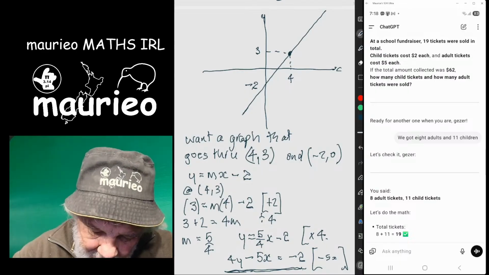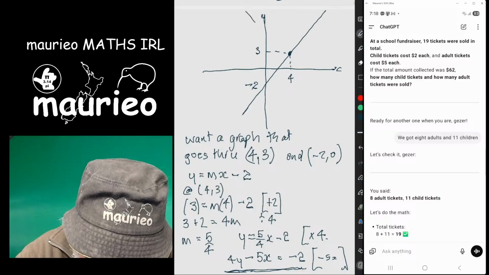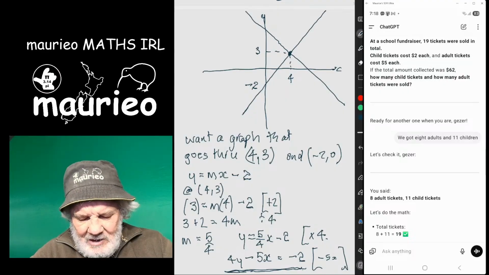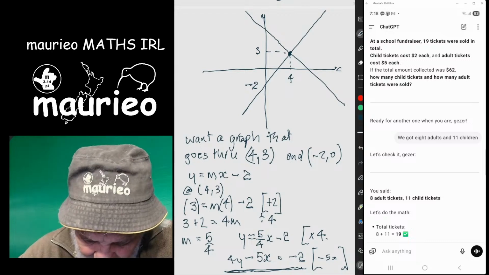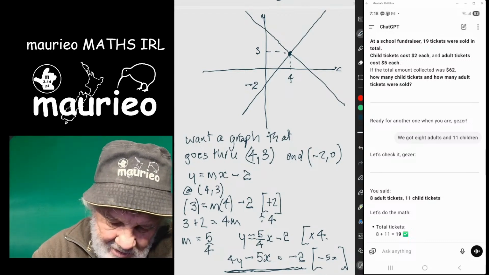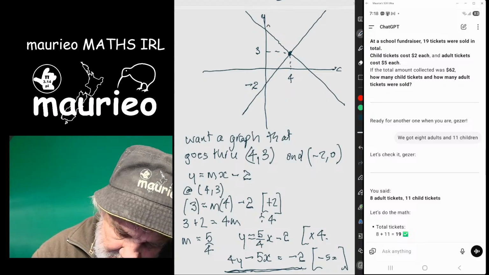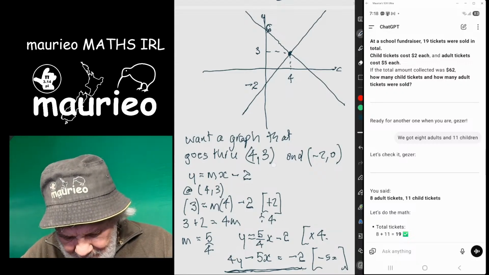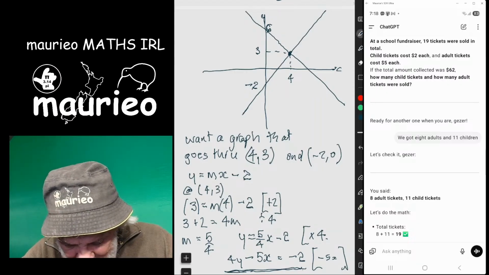Now the next one we want to do is we want another graph that goes through that point. I'm going to draw that there like that. And that one there has a y-intercept of, let's say, 6. So we're now going to do the same thing.